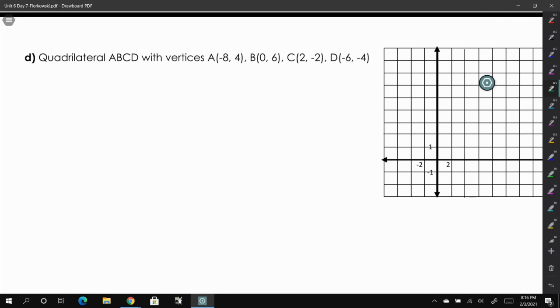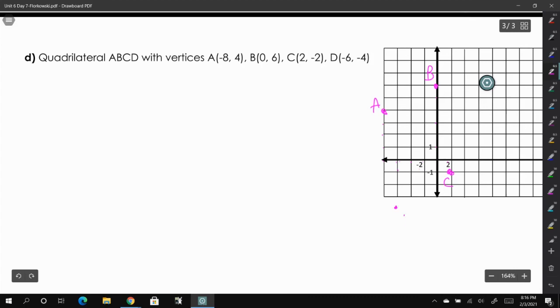So we'll plot our points, -8, comma 4. Again, look at the x values go up by 2. So -8, comma 4 is right here. 0, comma 6 is right there. 2, comma -2 is right there. And D is -6, comma -4.